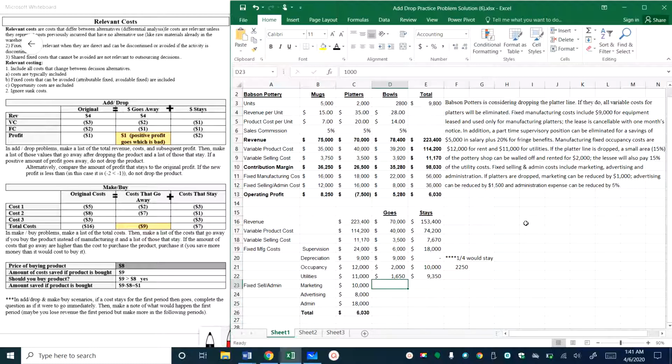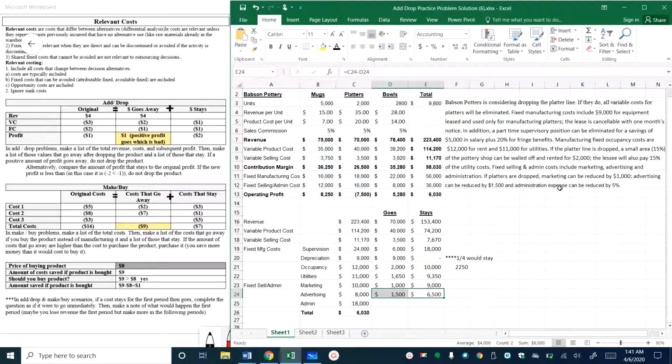Now, it says fixed selling and administrative costs include marketing, advertising, and administration. If they're dropped, marketing can be reduced by $1,000. Advertising can be reduced by $1,500.